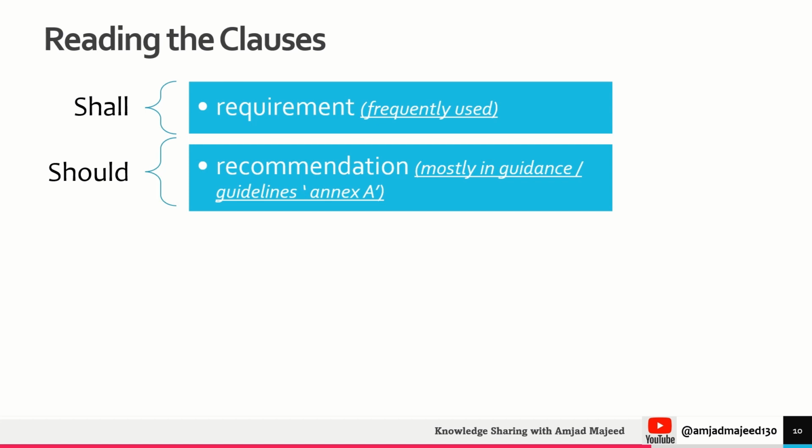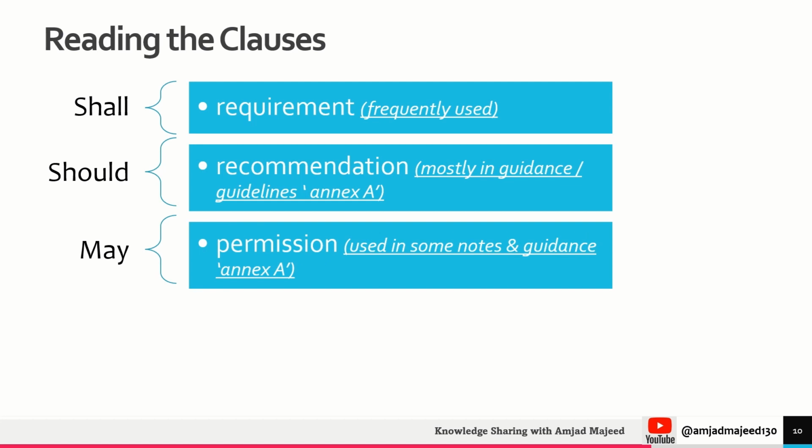If you see the Annex A of this standard, which will refer to the way the interpretation or the implementation can be done for the requirement. Okay, so you can find the Annex A actually with this standard if you have the copy for that. It gives the guidance on how the requirements can be implemented or interpreted.